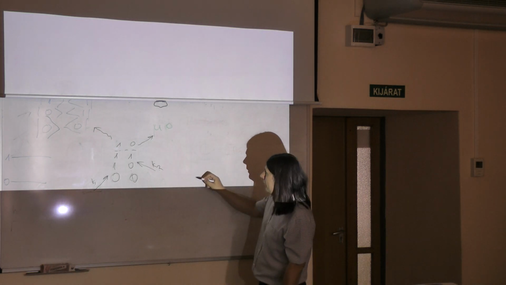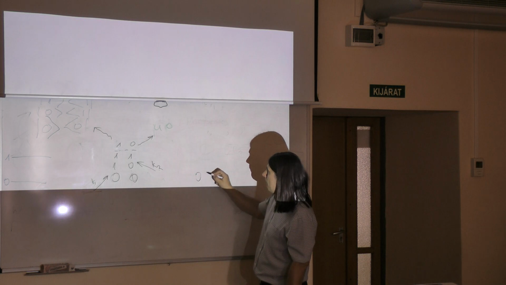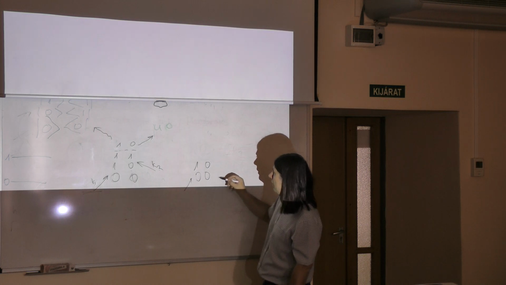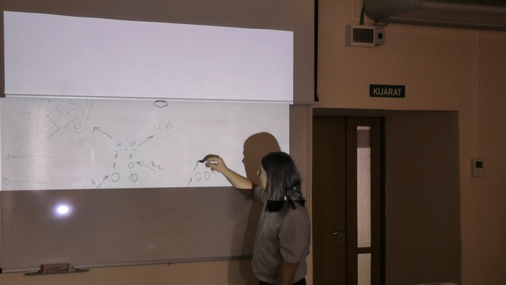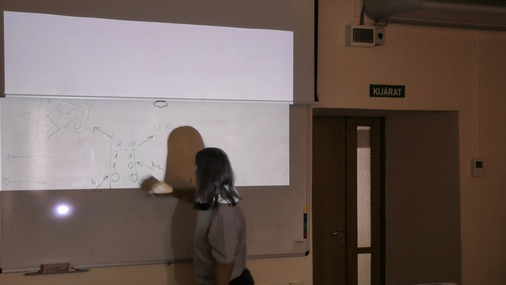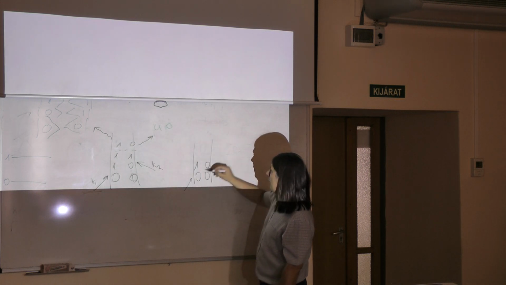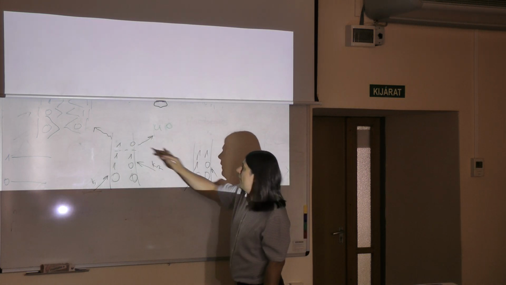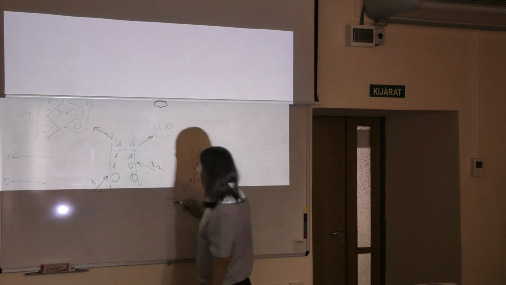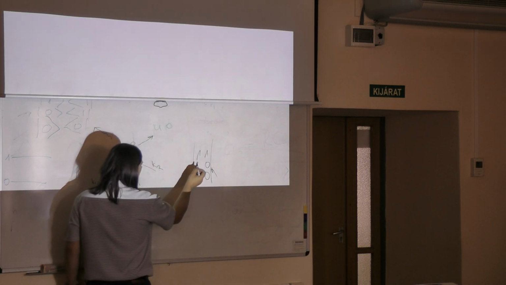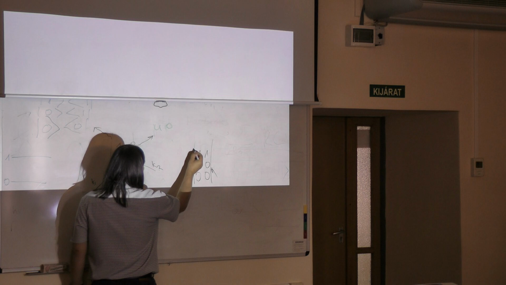For example, we can draw another pathway, almost the same. Up to now it is the same, and then the probe field can come like this.